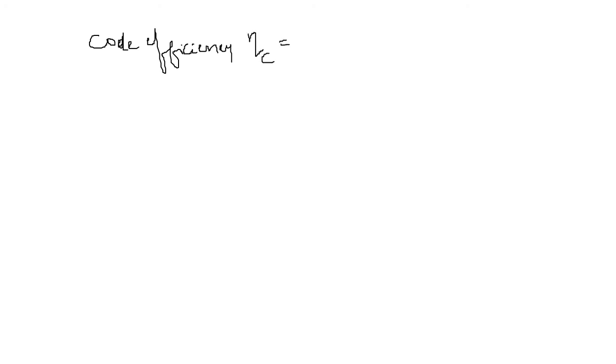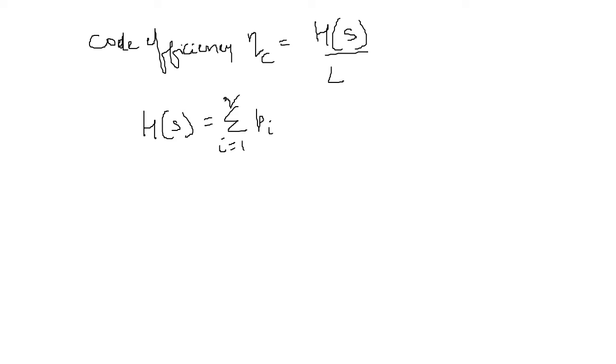Next, to find the coding efficiency, we know the code efficiency eta c is equal to H(S) divided by L, and H(S) is the entropy value which is given by the formula summation i equals 1 to q of p_i log 1 by p_i.